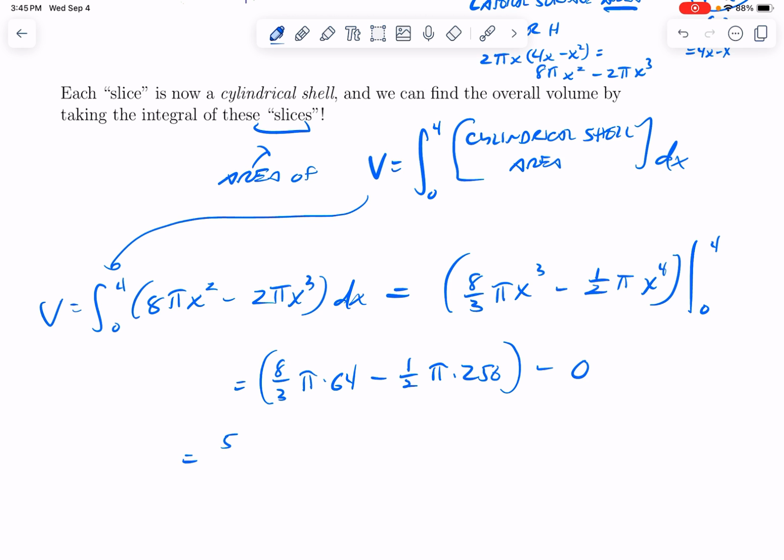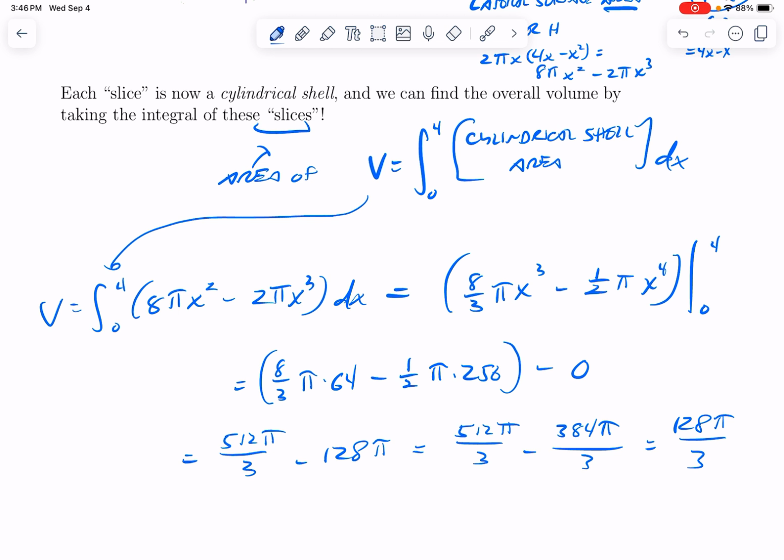This would be 512 pi over 3 minus 128 pi. So if we make a common denominator, that's 384 pi over 3, and so after we do the subtraction, that is 128 pi over 3. Right? And I'll just put a little question mark here. I did this really quickly.